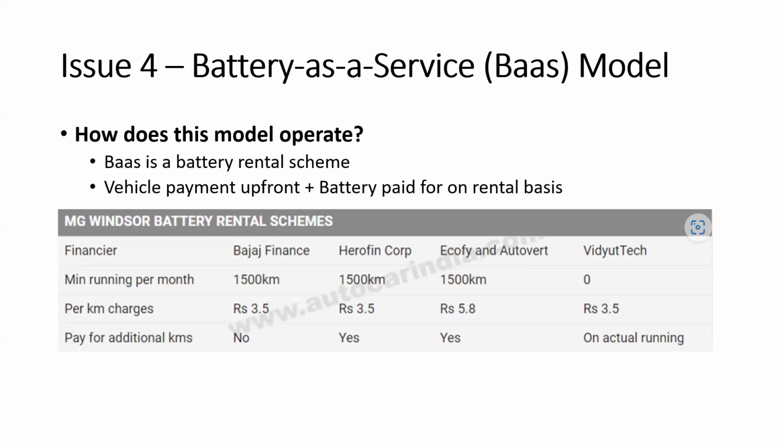You don't pay for the battery when you buy the car, and every month you pay 3,000 rupees for usage of the battery. Now, the battery belongs to the company, although it is in the car owner's control. But the battery in the Reva car has a SIM card, which the company can monitor and switch off if you don't pay the money.